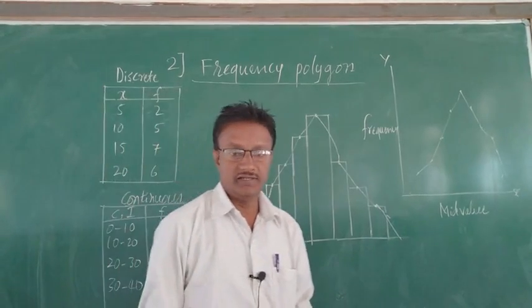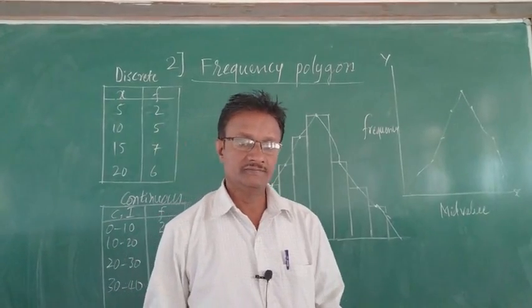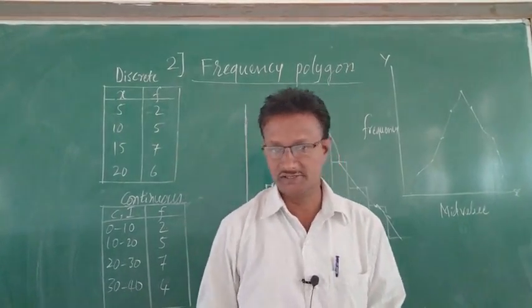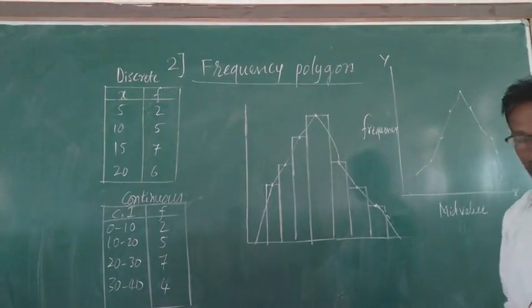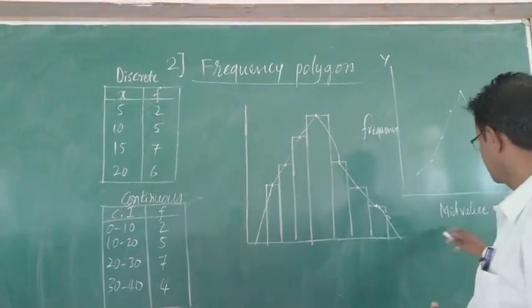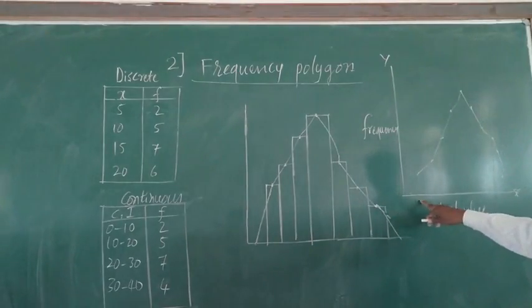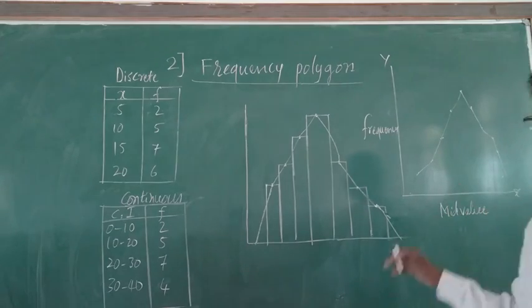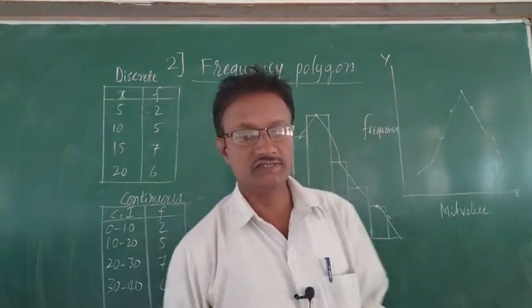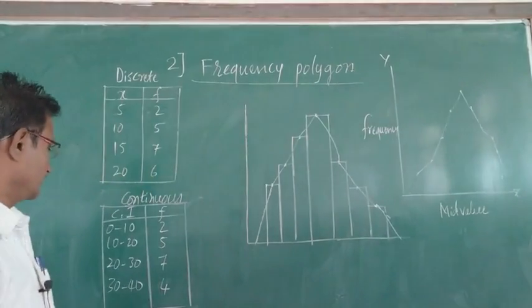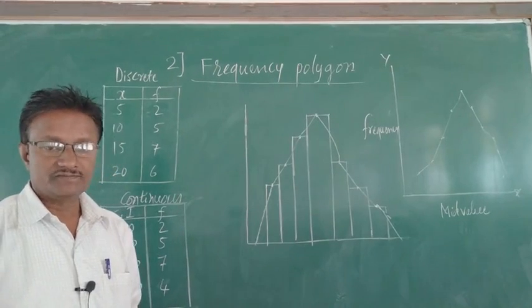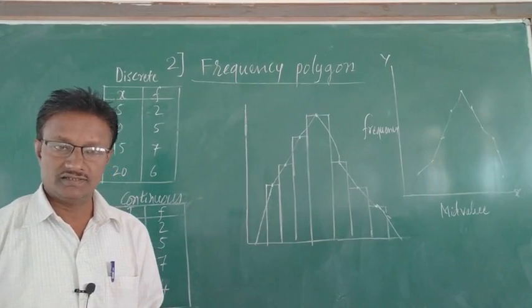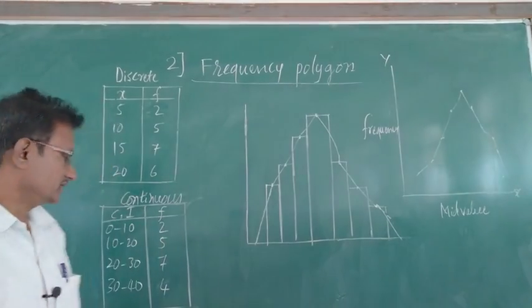And another way of construction of frequency polygon is, we have to show mid values on x axis. So how is the mid value obtained? Mid value is the average of the lower and upper class boundary.